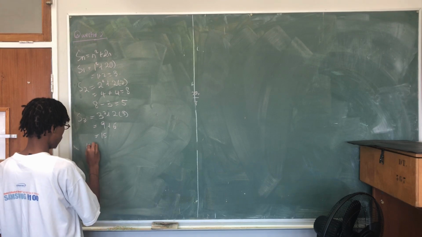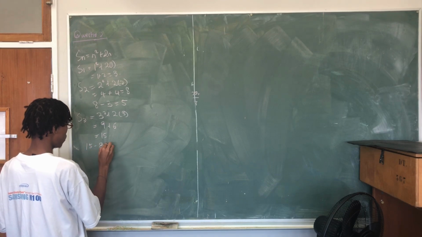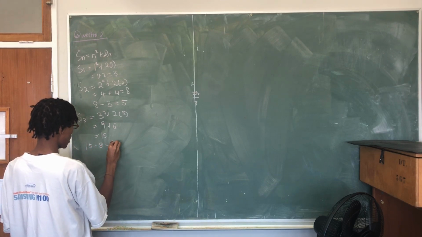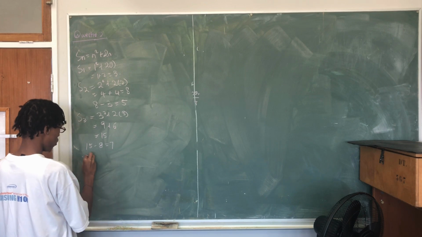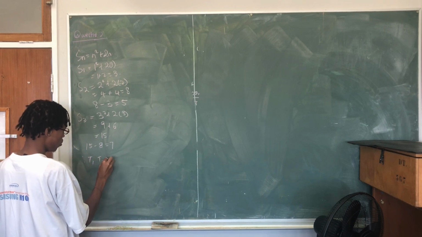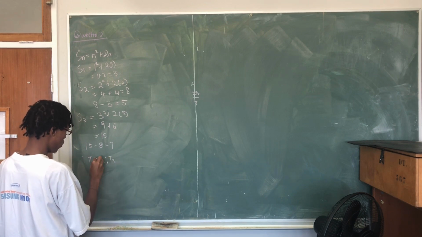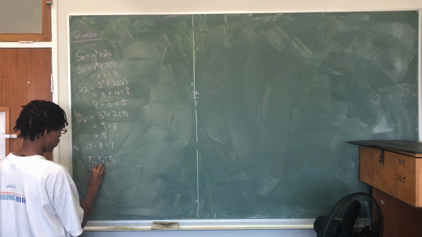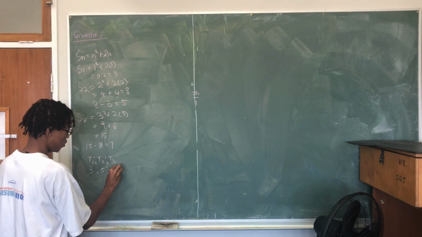So that's going to be 15 minus 8, that's going to be 7. Therefore, T1, T2, and T3 are 3, 5, and 7.